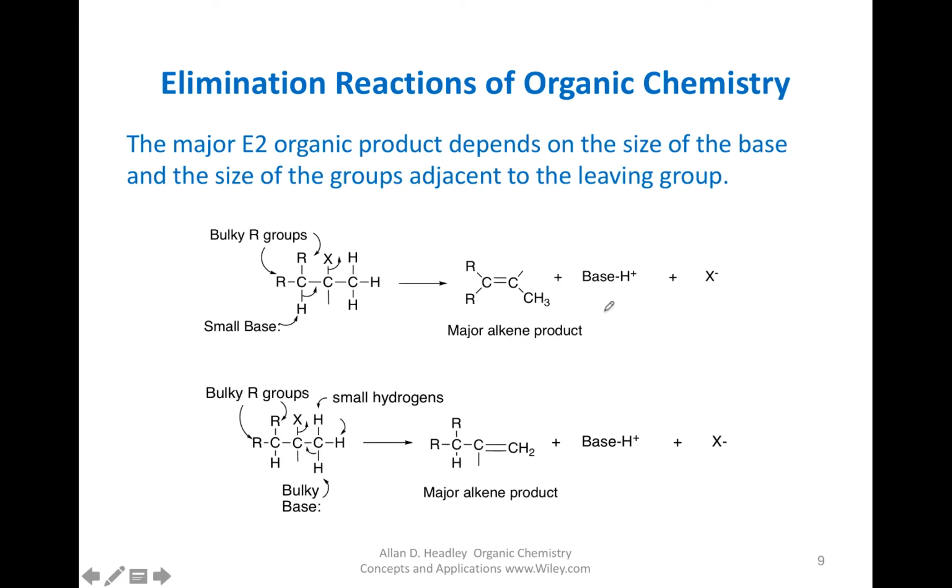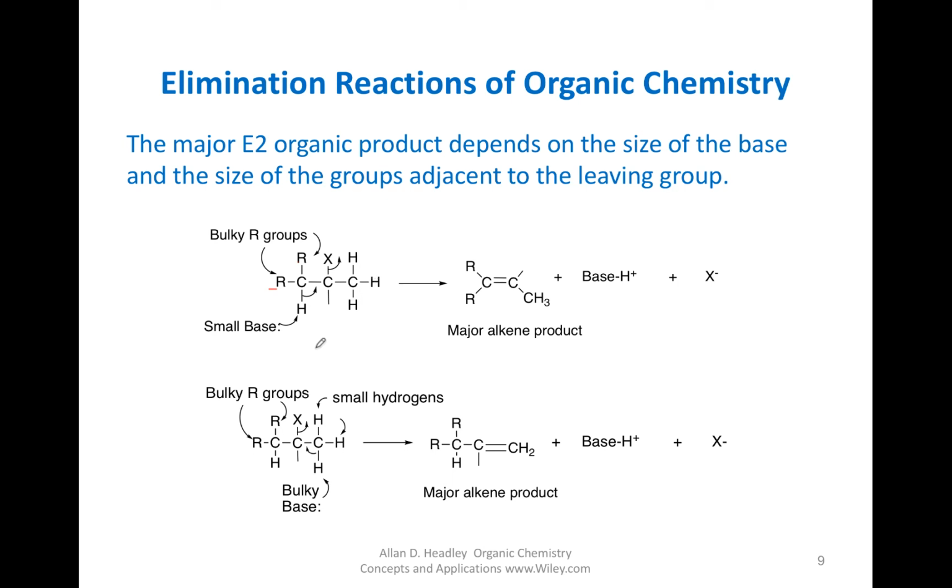Okay, let's look at this molecule, or hypothetical molecule. We have a carbon that has two alkyl groups, and we have a carbon that has a leaving group, and it's adjacent to another carbon that has three hydrogens.